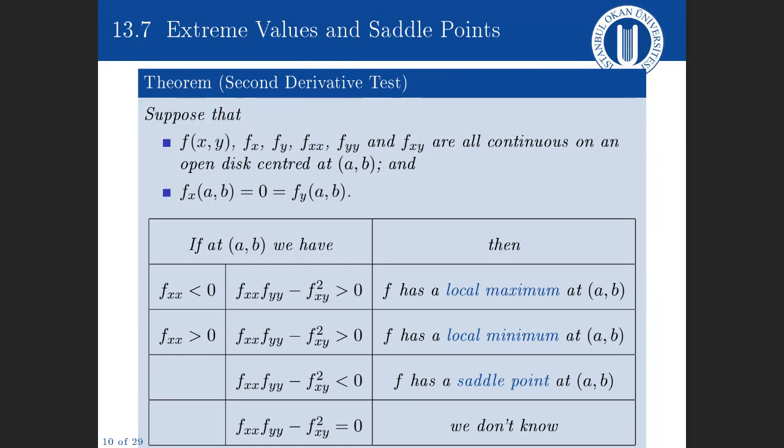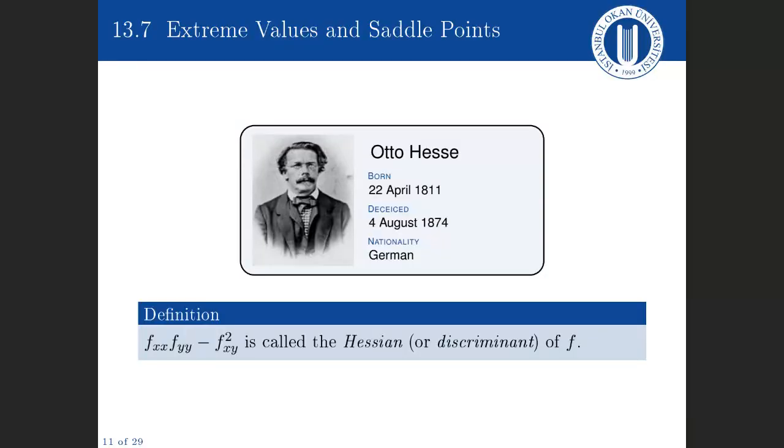Now, this number, fxx fyy minus fxy squared, has a name. It is called the Hessian, or the discriminant of f. So if we were asked to find all of the critical points and classify them as local maxima, local minima, or saddle points, first we're going to find all the critical points, and at each critical point we're going to calculate the Hessian.